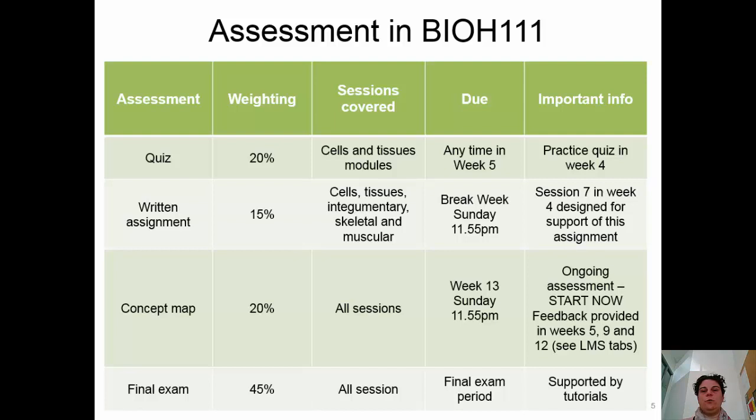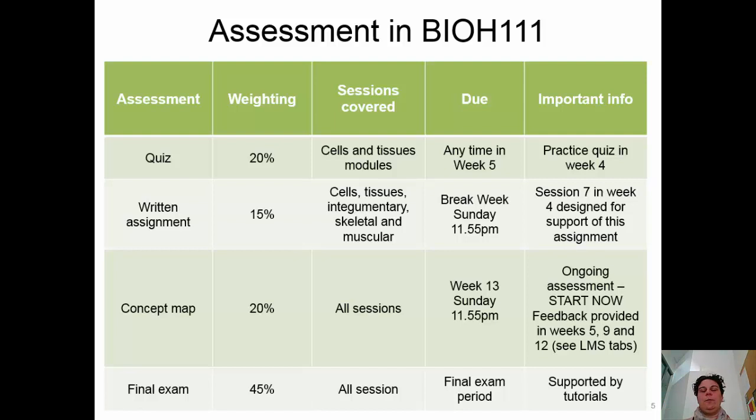A biology language is slightly different to normal English. So the map forces you to be constantly engaged with this language and to have a few bits and pieces where you go, oh yeah, okay, this is how you say things.